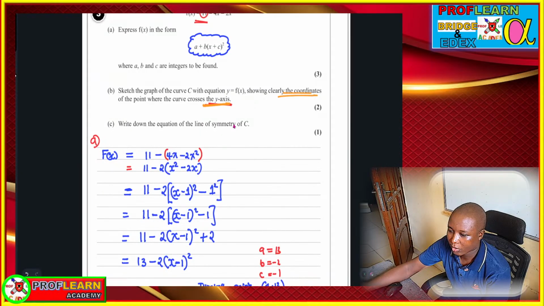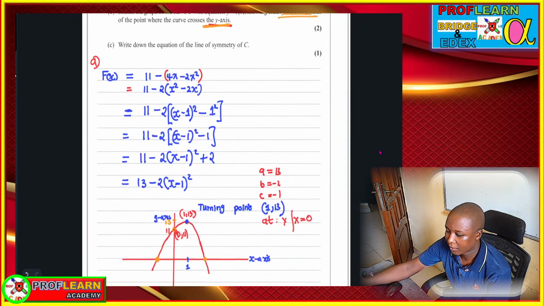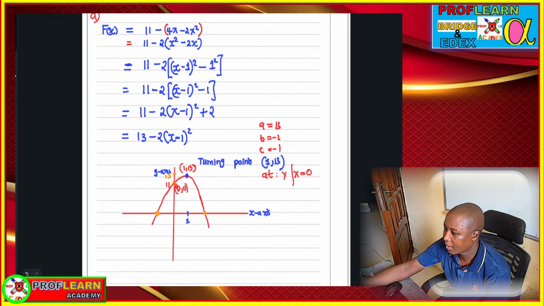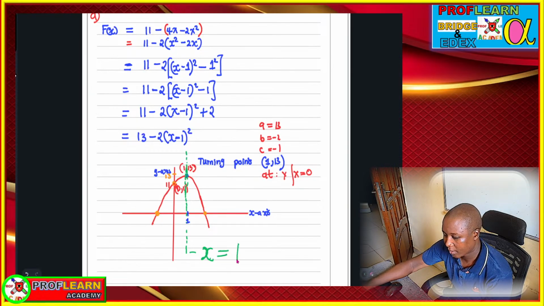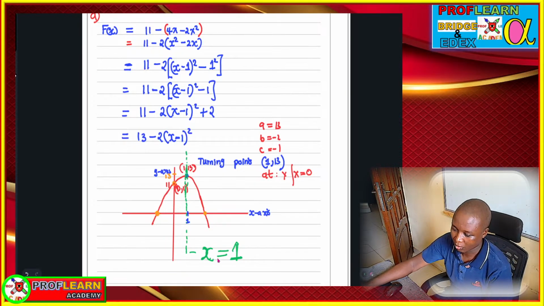Next, write down the equation of the line of symmetry. Line of symmetry is a line that is going to subdivide this parabola into two symmetrical parts, and the line of symmetry is going to pass through the turning point like that. This is our line of symmetry, and the equation of this is the line whose value x is equal to 1.